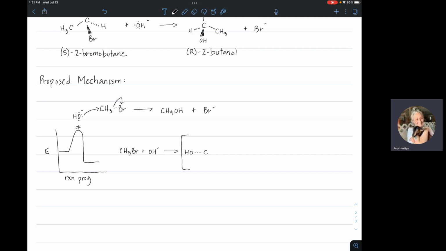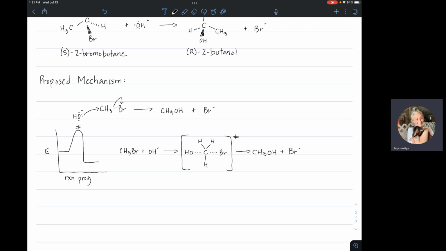It's going to be attacking the carbon that bears the leaving group. As the carbon's being attacked, the leaving group leaves. This is our transition state. This thing doesn't exist. No one can isolate this. We just imagine that this was kind of what it looks like. It's the in-between state. And now at the other end, you get the product.